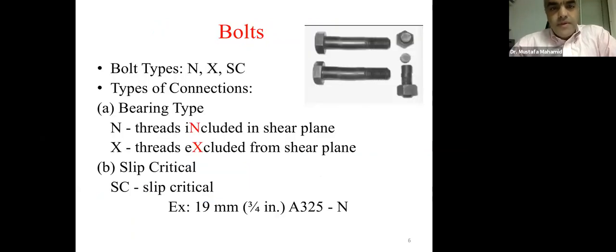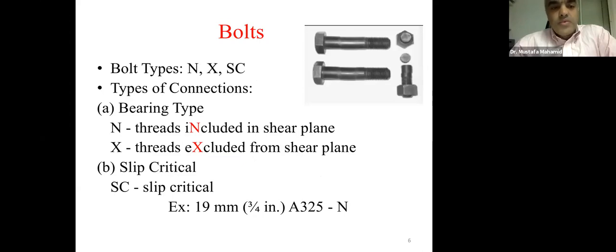And when we specify the bolts, we have to specify the type, whether it's N, X, or SC. N and X are related to bearing type connections, and these are the most commonly used ones, where there's a bearing between the bolt and the bolt hole.